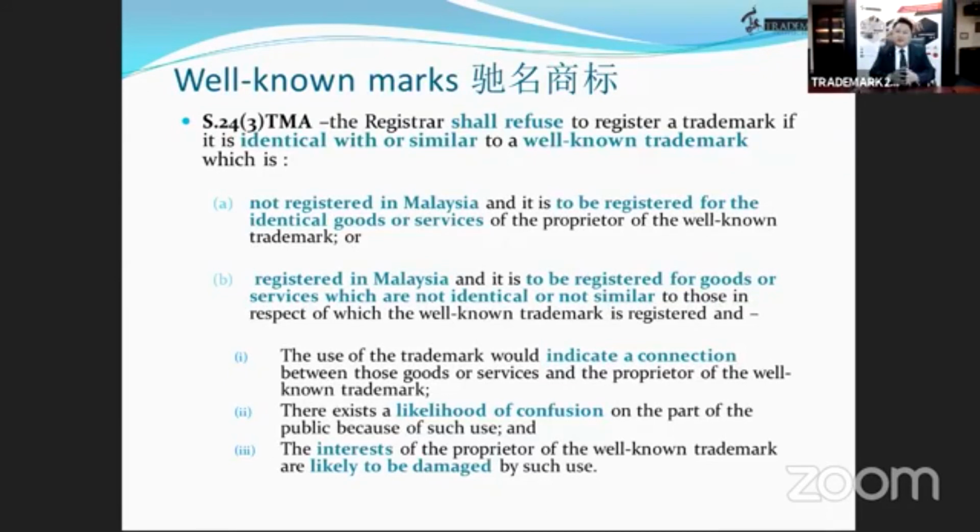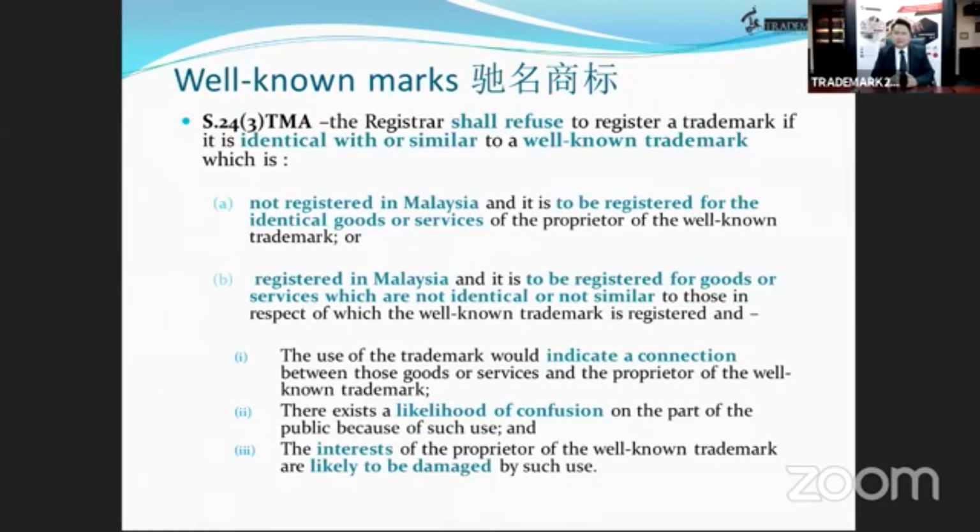And of course, I understand that many foreigners from other countries like China, or maybe from other parts of the world, if your trademark has been a well-known trademark, let's say you are well-known in China, or in the United States, or in the UK, and someone in Malaysia registered the name, can he do that?